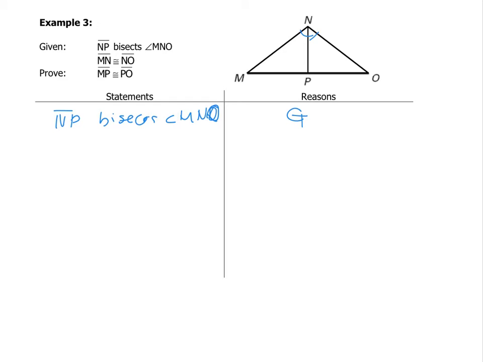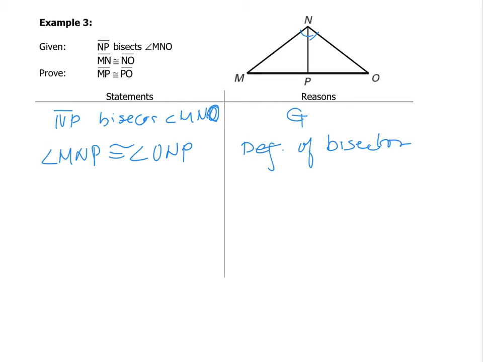And I can draw the conclusion that angle MNP is congruent to angle ONP. And that's because of the definition of a bisector. It cuts that angle in half. And I also know that MN and NO are congruent, and that's given.